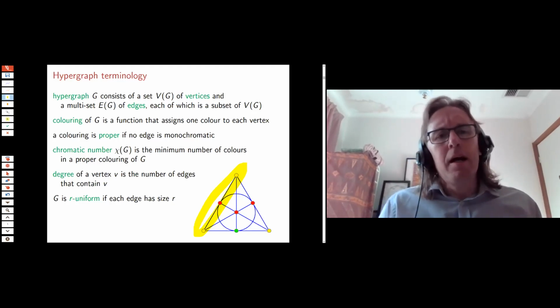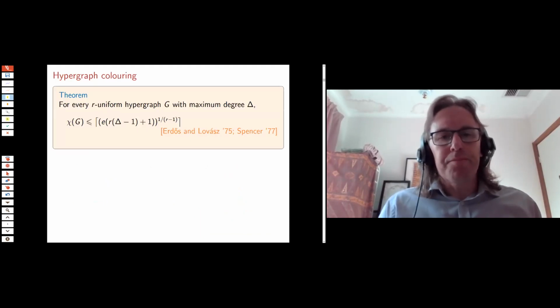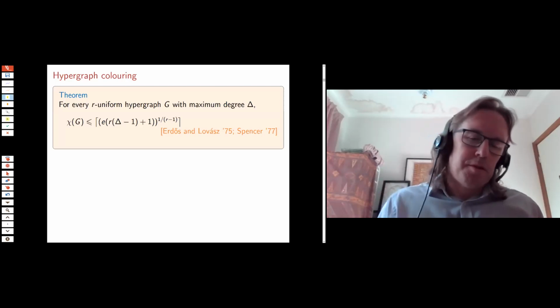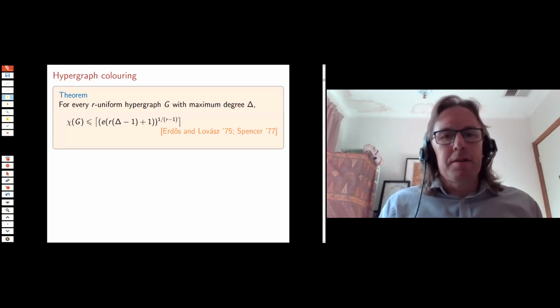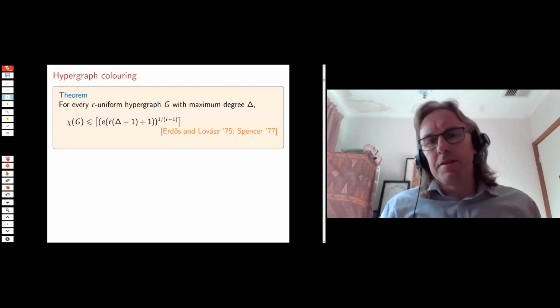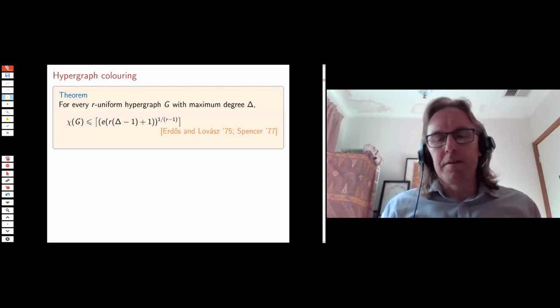Okay, so now let's talk about hypergraph coloring and a very classical theorem of Erdos and Lovász, slightly extended by Spencer. This paper of Erdos and Lovász is the original paper on the local lemma. This is where they invented the local lemma, and their entire motivation was the problem of proper hypergraph coloring.